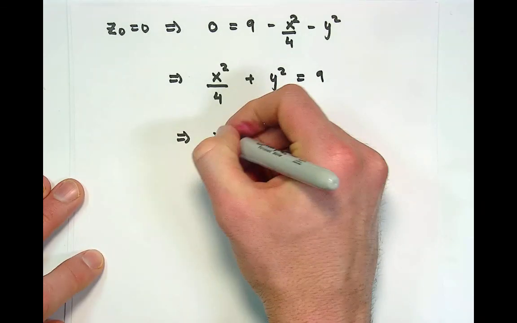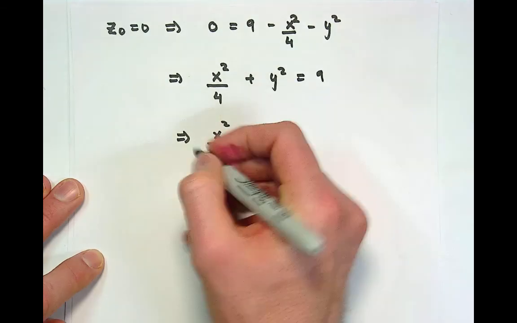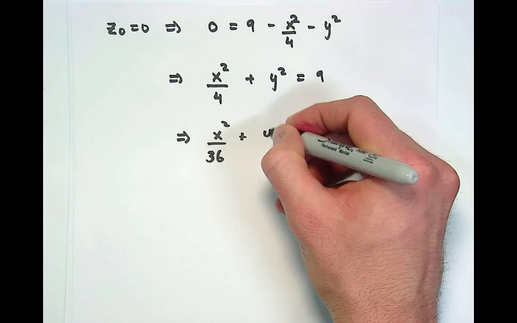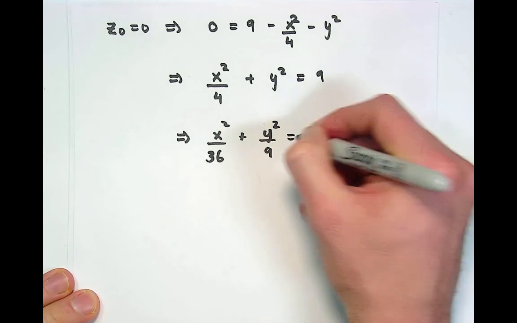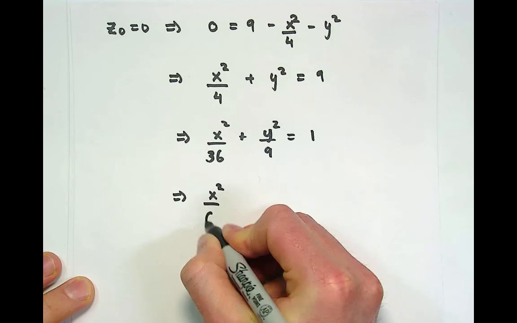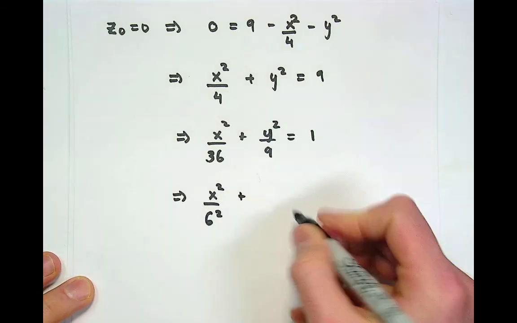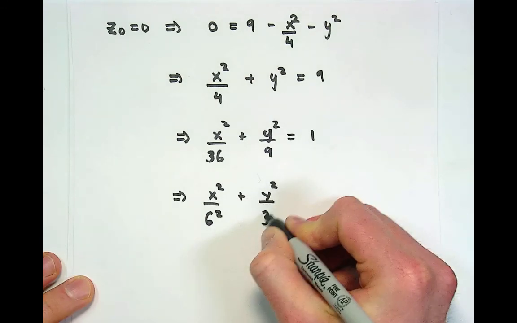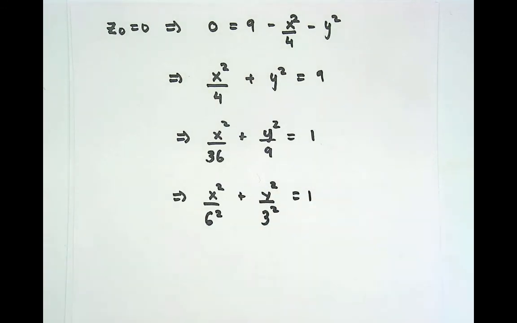I can divide both sides by 9. So 4 times 9 is 36, and this would be 9. And then we see that this is going to be an ellipse with x semi-axis 6 and y semi-axis 3, which was the same confirmation that we made in previous videos.